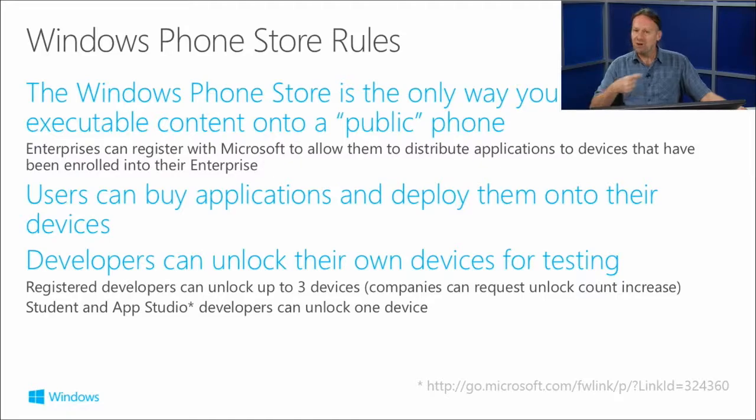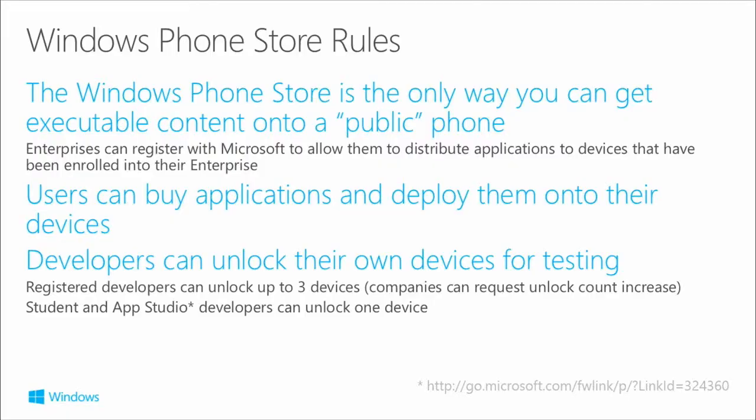You, of course, as a developer through Visual Studio, can unlock a device for testing. If you have a developer account, you can register up to 3 devices. If you have an ISV with a software department, and you want to unlock more than that, you can just ask us through the dev portal, and we're usually pretty forgiving about giving you a few more than that.